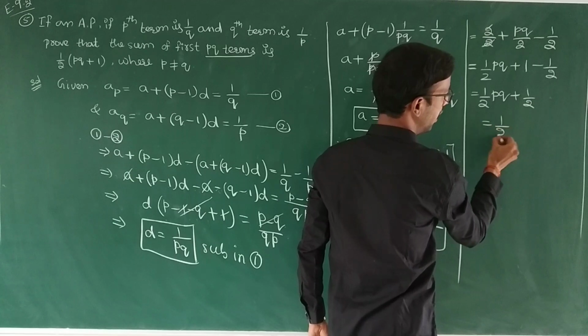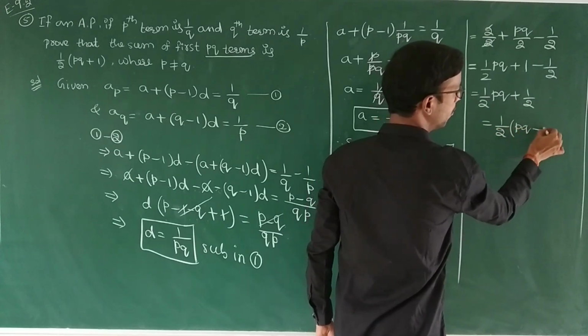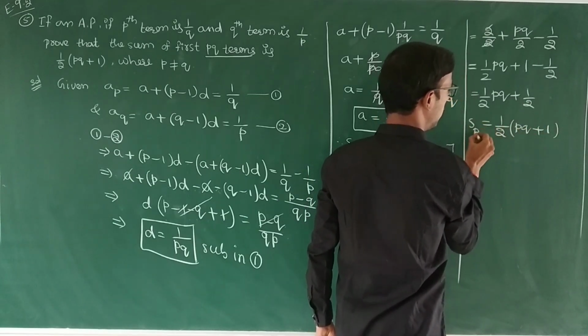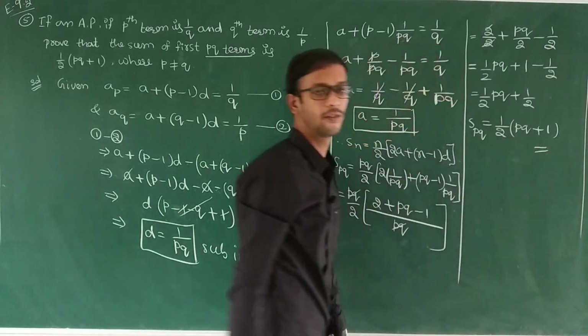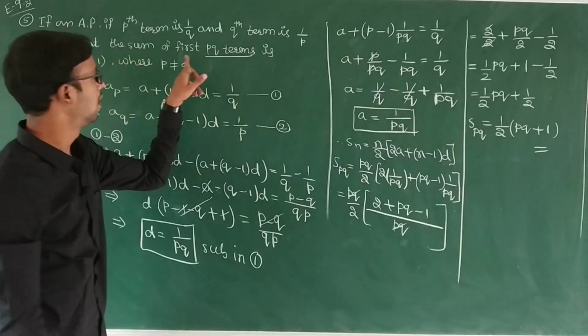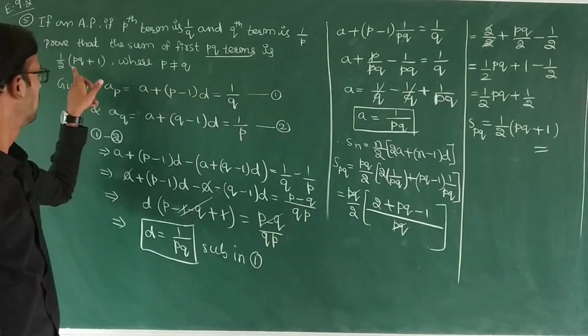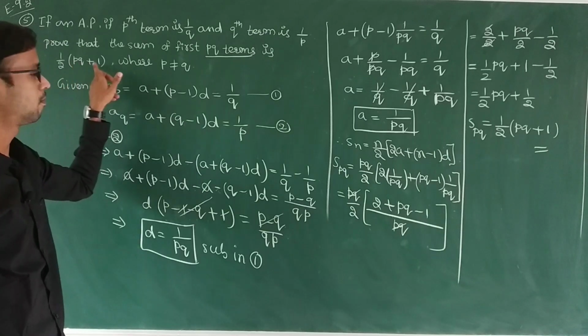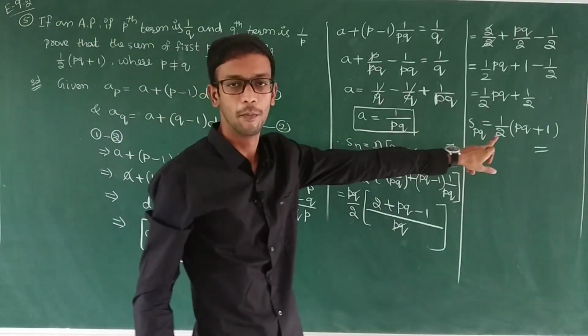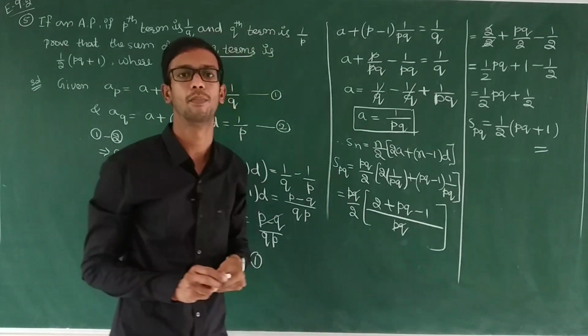So take the 1 by 2 common, pq plus 1 you will get. So S pq, the sum of the first pq terms, is 1 by 2 into (pq plus 1). Hence proved.